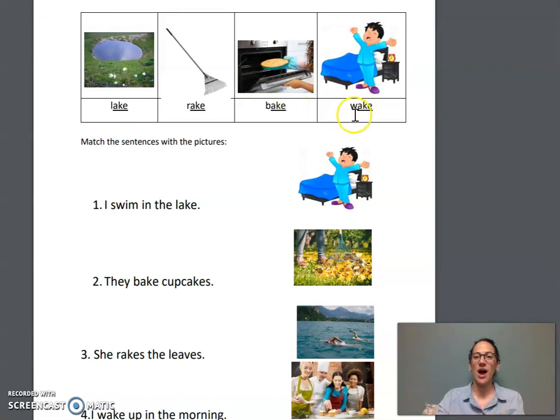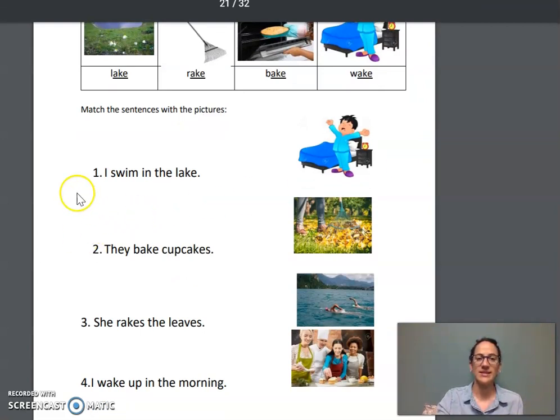Nice. Our last word with our ache sound begins with the letter W. Makes the W sound. W, ache, wake. Look at the picture. That's when you are sleeping, and now you're not sleeping. You wake up.